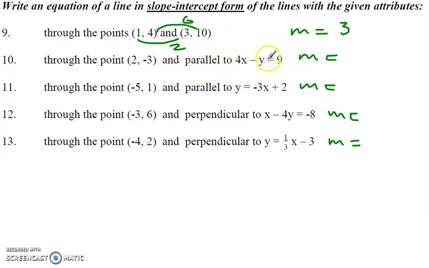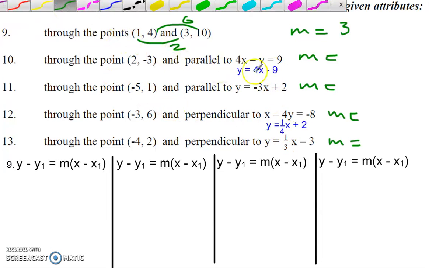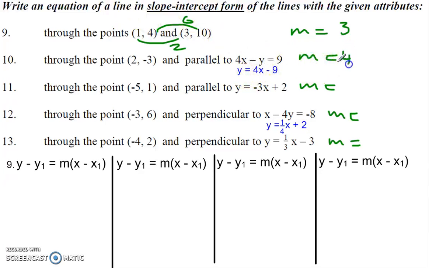Alright, parallel to this. In order to figure out the slope, I need to put that in slope-intercept form. I'm going to go through, put these in slope-intercept form for you, and then go on from there. So there we go. I've changed these from standard form to slope-intercept form. That way I can see the slope. Then I can record the slope here is 4. The slope here is negative 3.